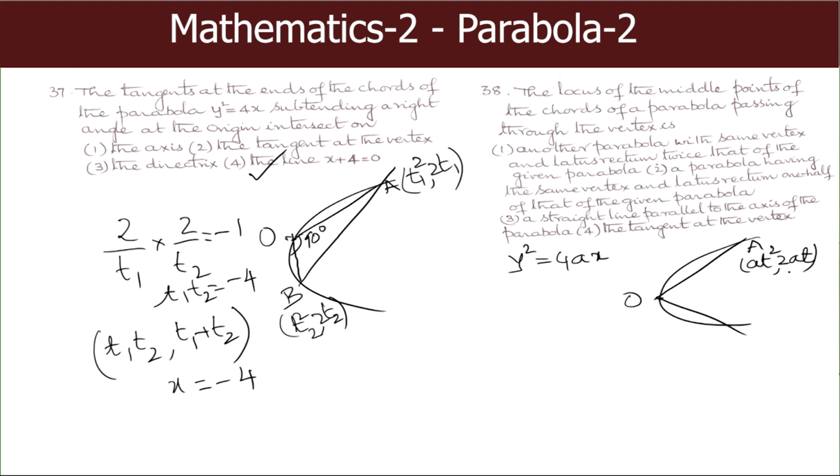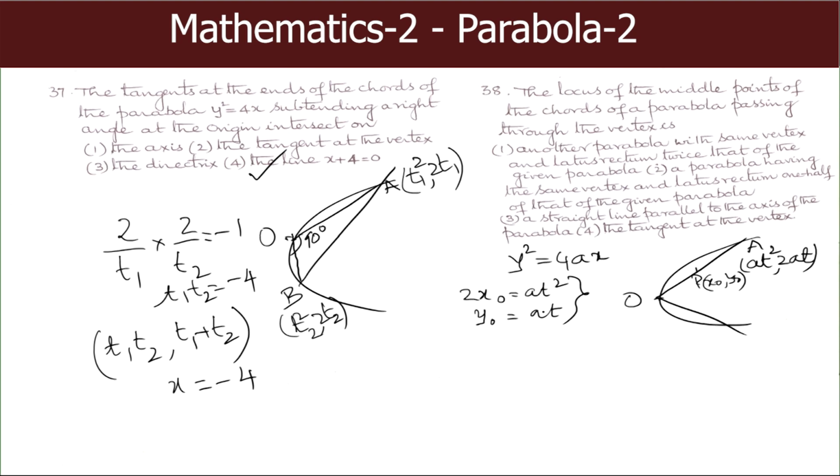Then we are asked for the locus of the middle points of the chord. Suppose the middle point P is (x0, y0). Then 2x0 equal to at square, and 2y0 equal to 2at, or y0 equal to at. So, P (x0, y0) is the midpoint of one of the chords passing through the origin, having its other extremity at A, which is (at square, 2at), given by 2x0 equal to at square and y0 equal to at.